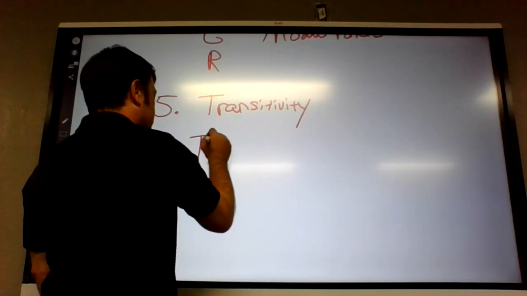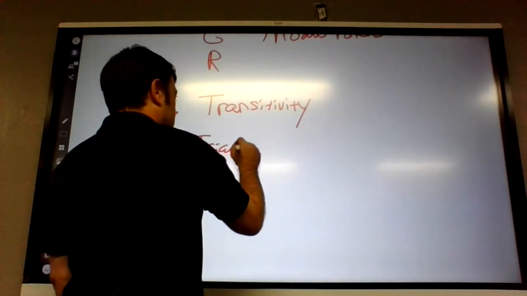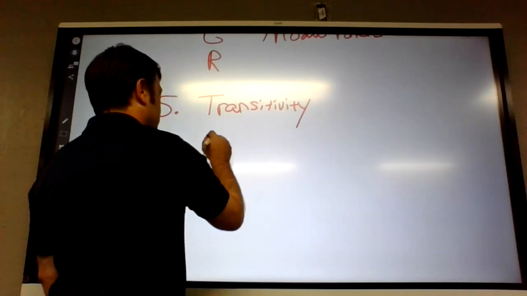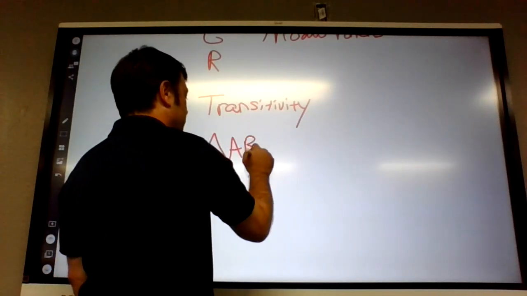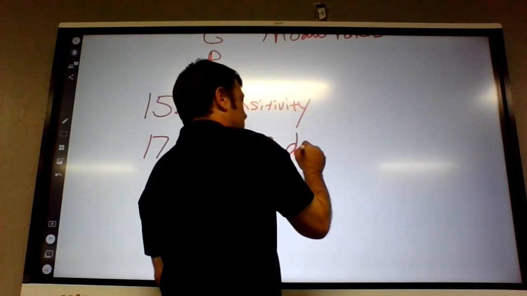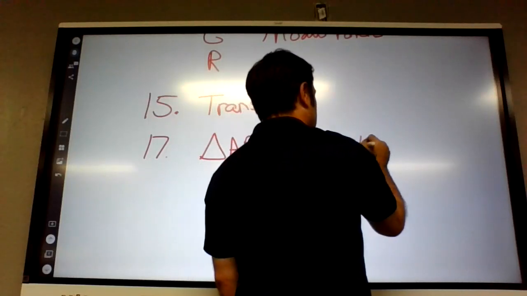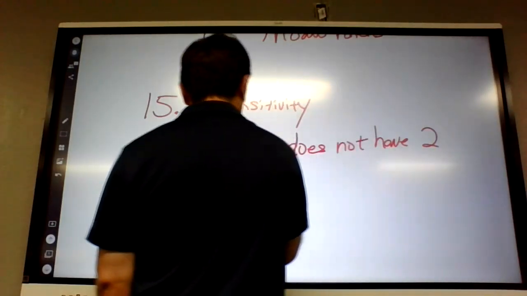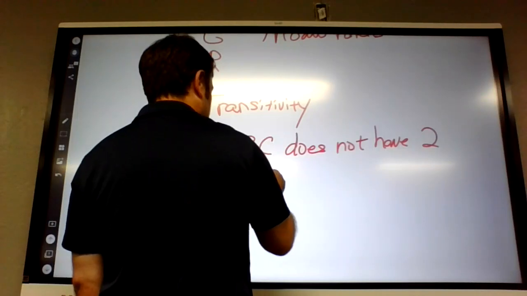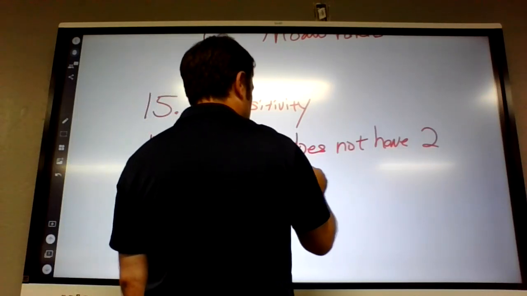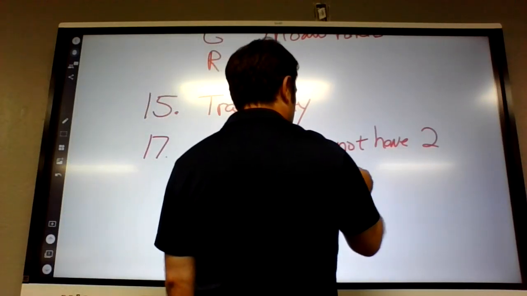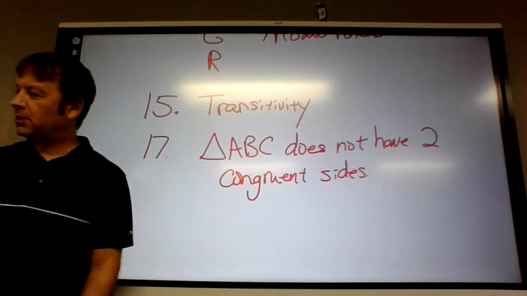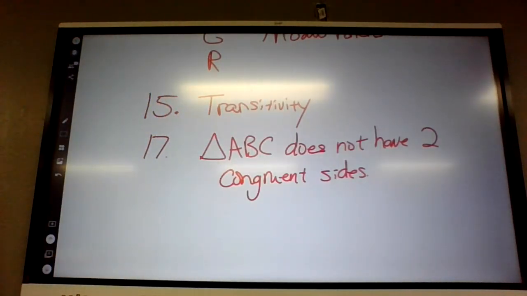Triangle ABC does not have two congruent sides. Okay, what logic did we use to get there?